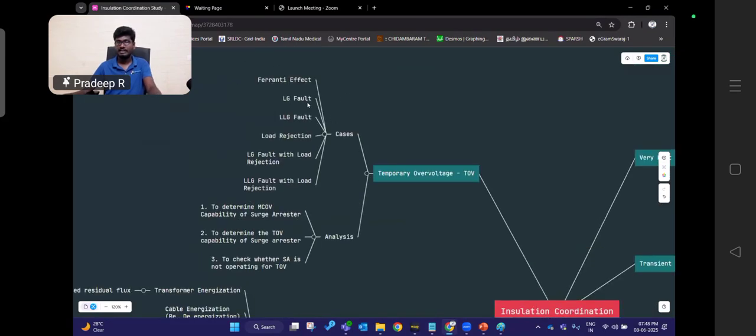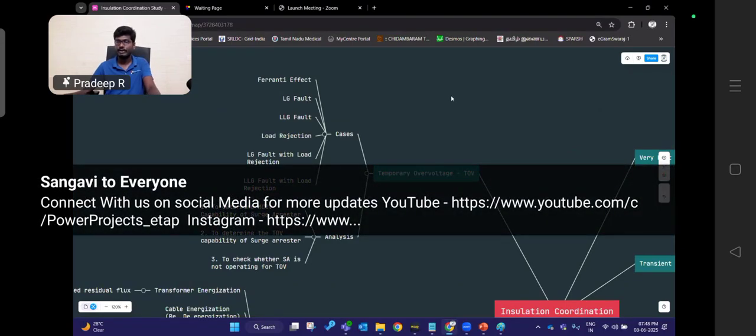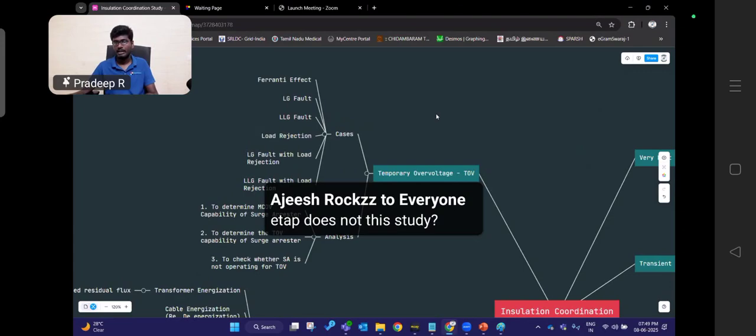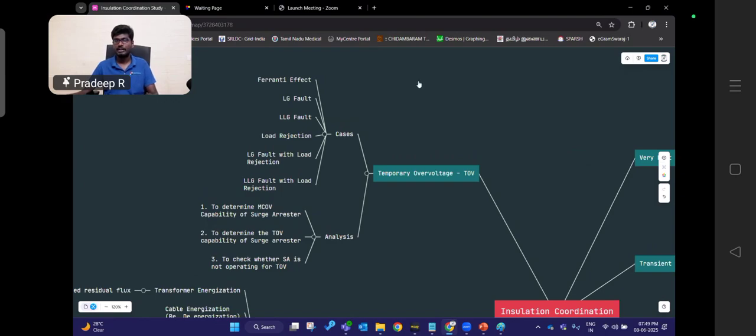The magnitude is in the range of 1.05 to 1.1 per unit only, which is acceptable and will not make the system suffer. So during TOV, my surge arrester should not operate.